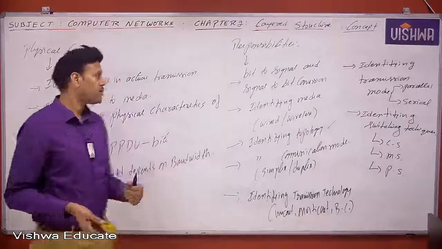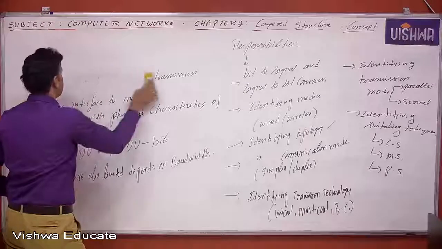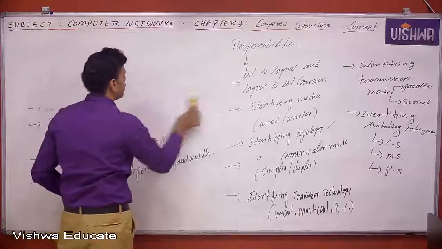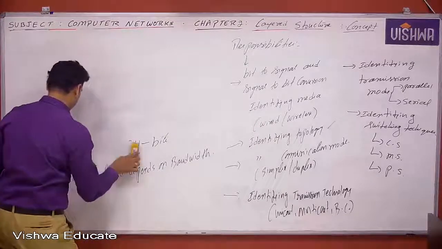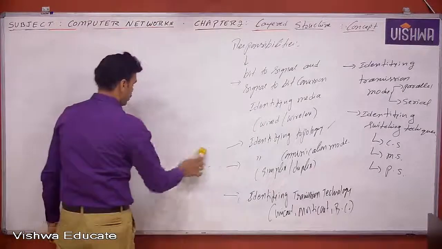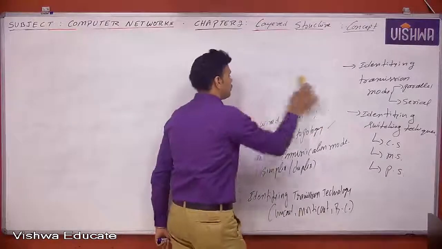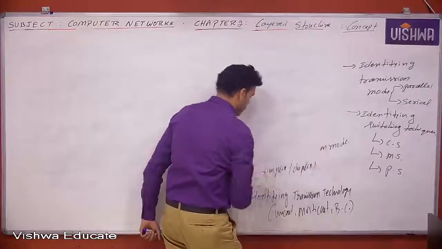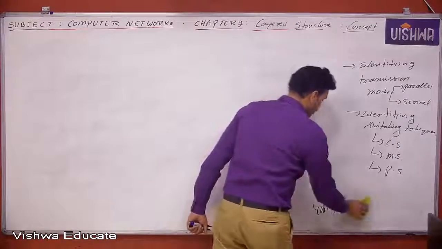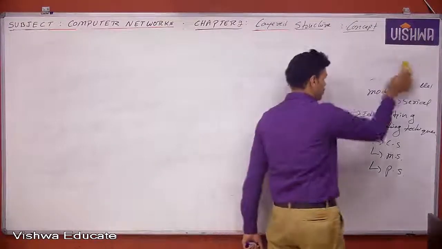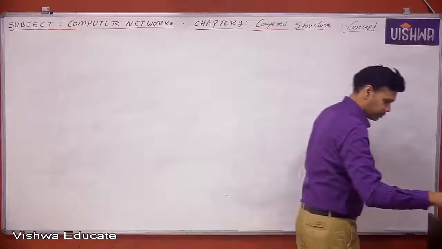Yeah, see friends, now you observe carefully, the following is very, very important for campus interviews. There are some standard devices which mainly play an important role during data transmission.